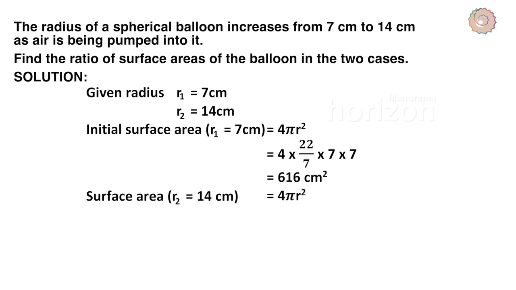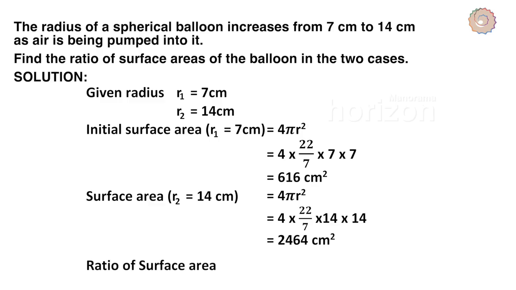Therefore, 4 pi r square, which is equal to 4 into 22 divided by 7 into 14 into 14, giving you 2464 cm square. So what would be the ratio of the both? That is, the ratio of surface area is equal to 616 cm square divided by 2464 cm square, giving you 1 by 4.